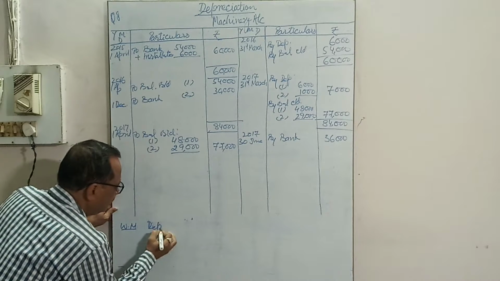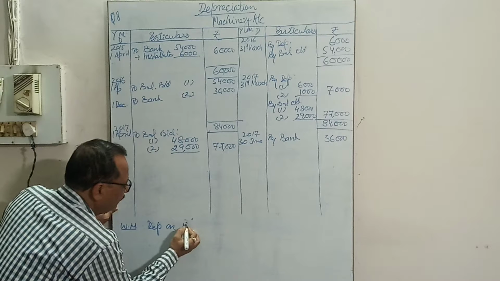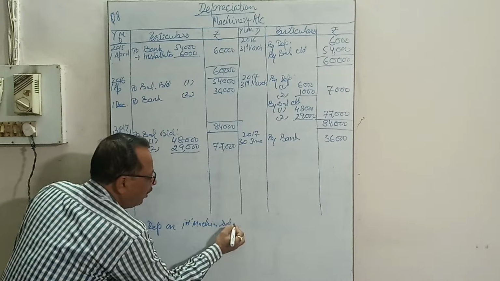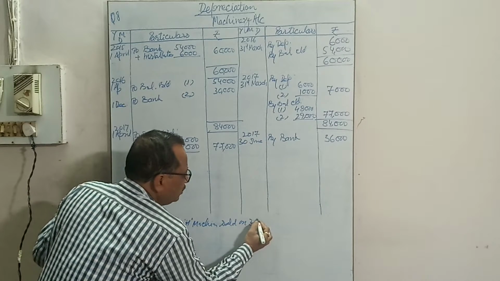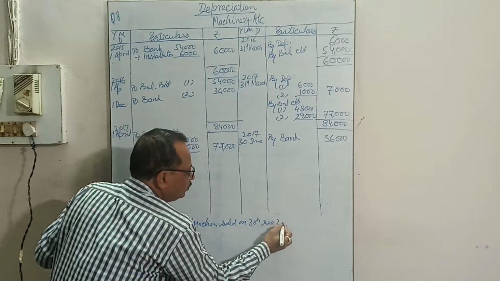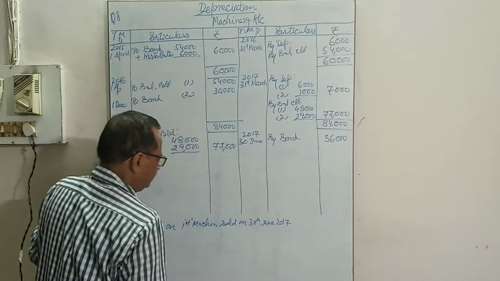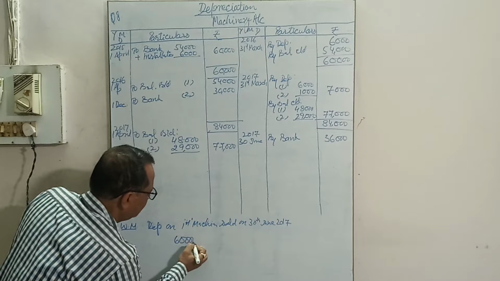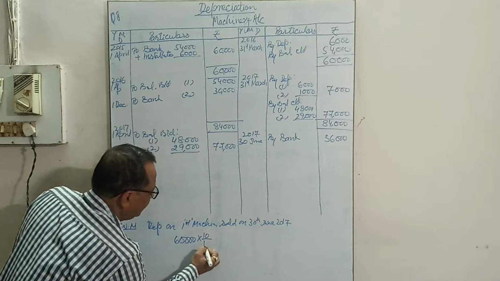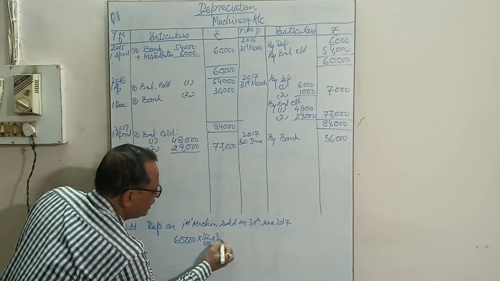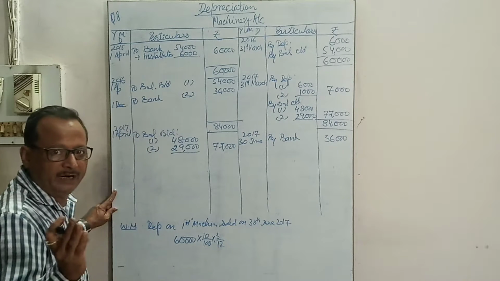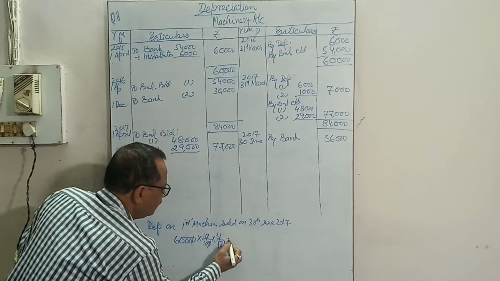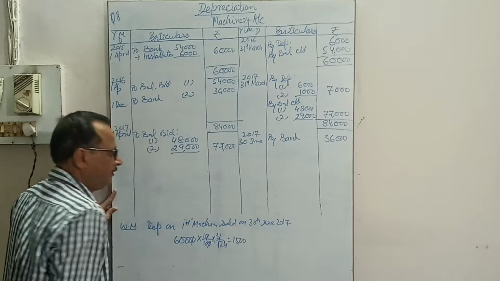Depreciation on first machine sold on 30th June 2017, that is on 60,000 at the rate of 10% for 3 months, April, May and June. 1,500.